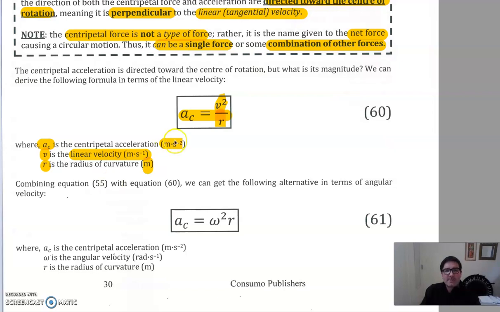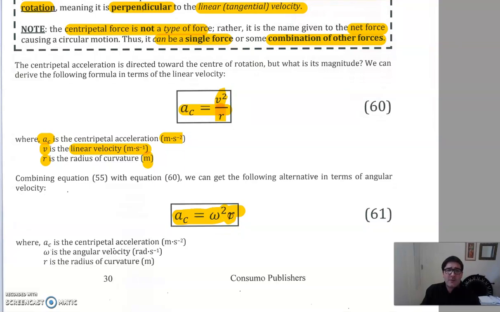Because our linear velocity was equal to the angular velocity times the radius, we get that our centripetal acceleration is equal to our angular velocity squared times the radius.